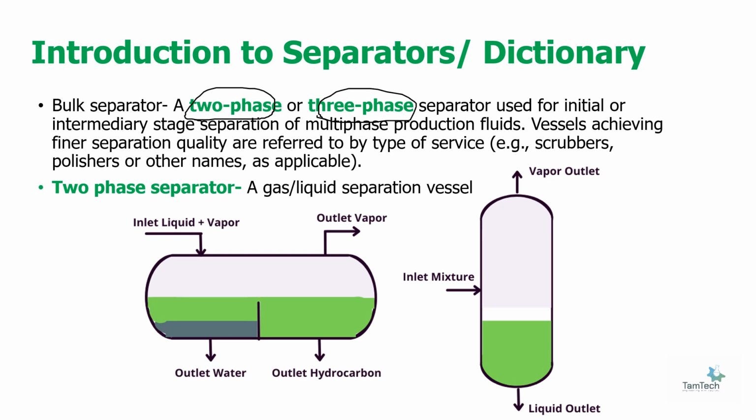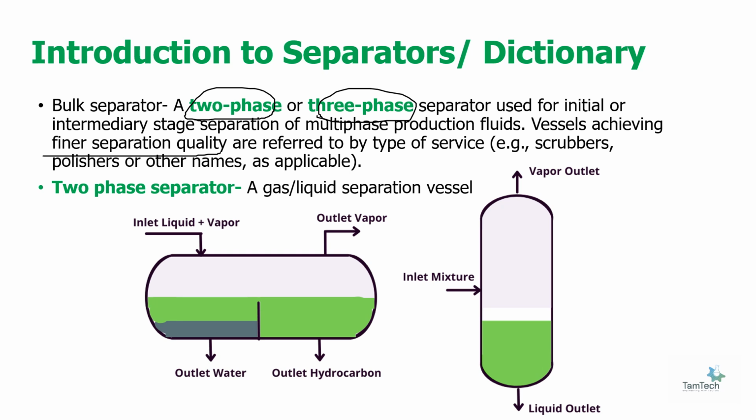Normally these two or three-phase separations are used for multi-phase or just intermediary stage separation. These vessels achieve the finer separation quality. So if the aim is to get some purified material, you definitely need to use a separator.